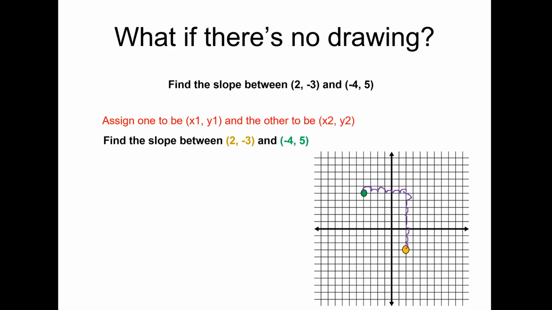The same values we got from the formula, 8 over negative 6. You also know that this answer is going to be negative because to go from point to point, you have to run downhill. If it's downhill, the answer must be negative. And of course, negative 8 over negative 6 gives you the answer negative 4 over 3.